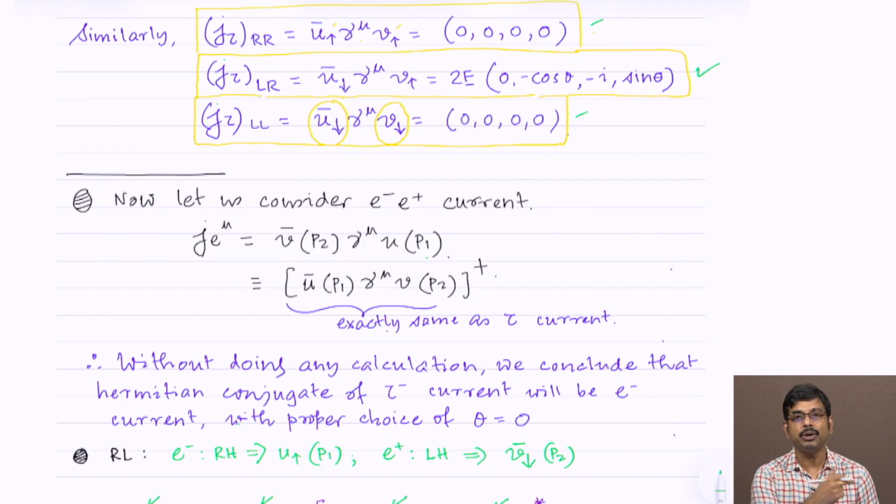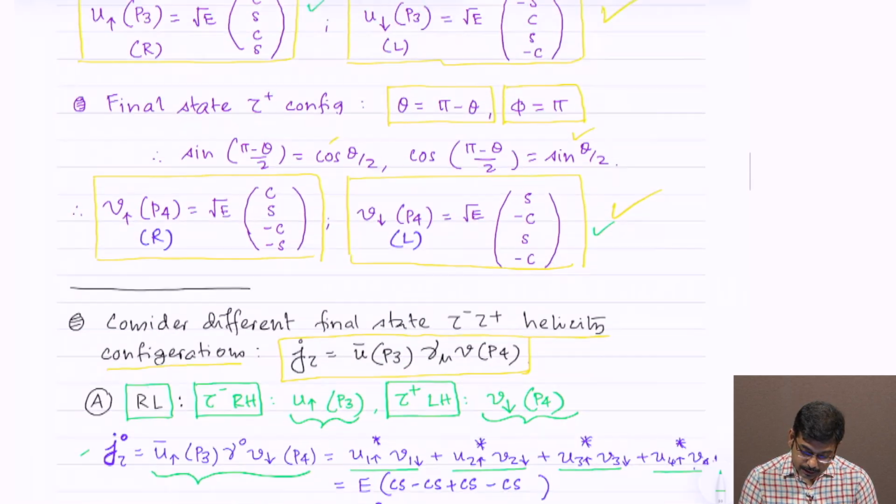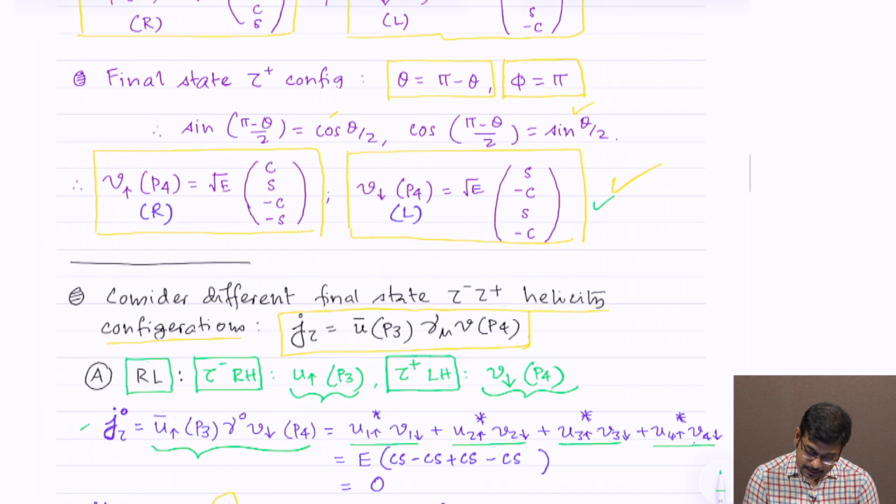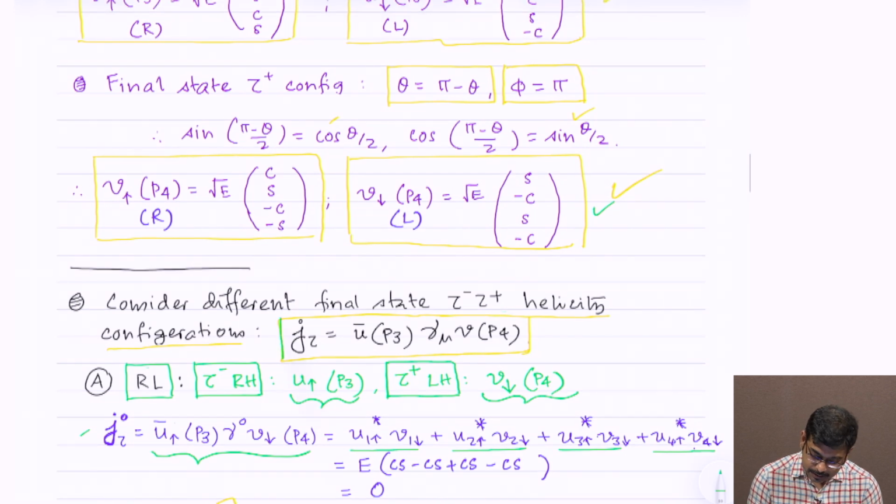This is what we calculated a couple of lectures back: when you take the dagger of u bar p1 gamma mu v p2, you actually get v bar p2 gamma mu u p1. Now u bar p1 gamma mu v p2 is exactly the form of the tau current that we found, u bar gamma mu v p4.